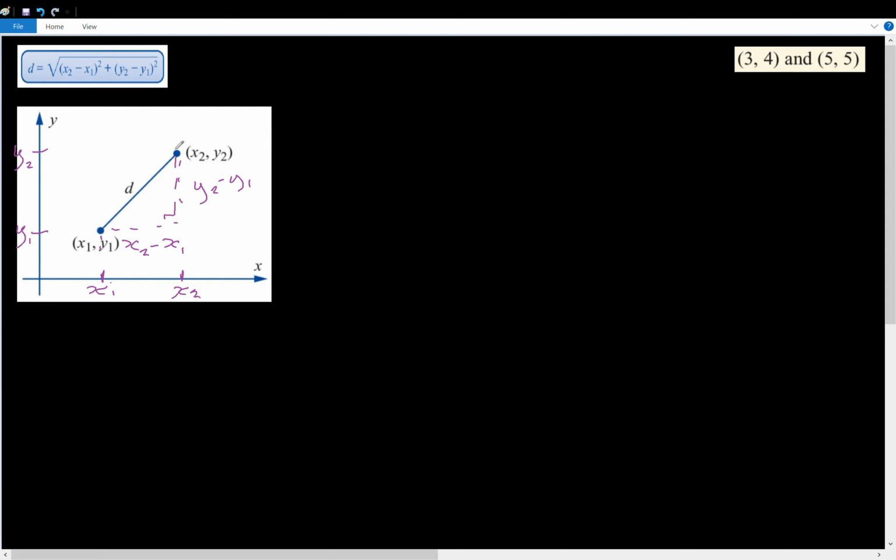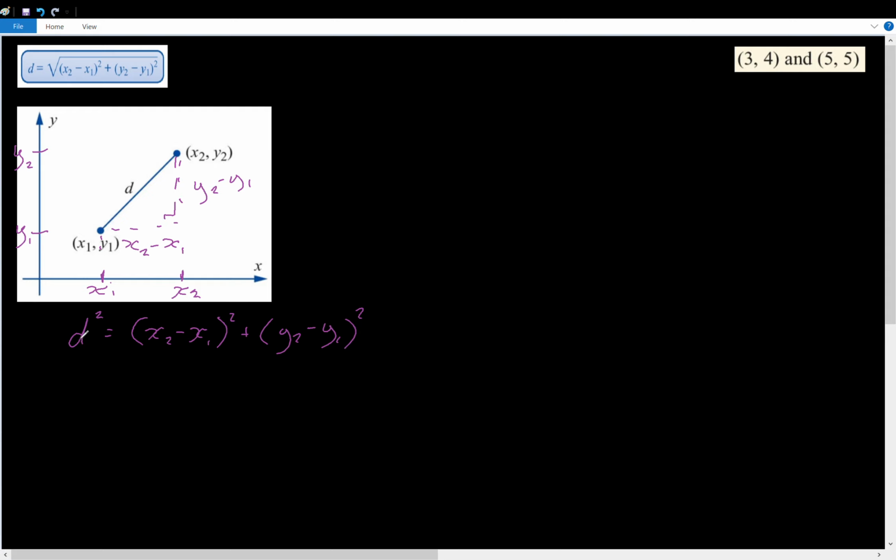Now the length of this line segment here, D, is the hypotenuse in a right angle triangle. So what we could say is that the length of the hypotenuse squared, which is D squared, is equal to the sum of the other two lines squared, which is Pythagoras' theorem. So (x2 minus x1) all squared plus (y2 minus y1) all squared.